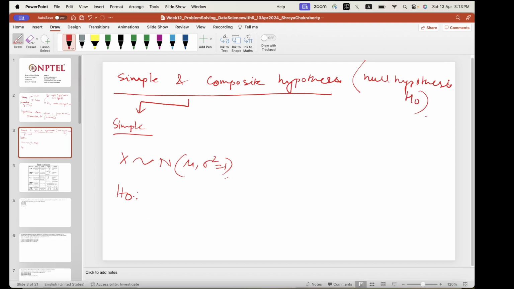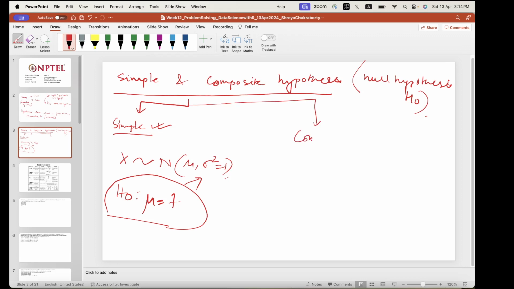Alright, so if we say that H naught: mu equal to 7, then under H naught this distribution is completely specified. It is normal with mean 7 and sigma square equal to 1. This is completely specified with no unknown as such under H naught, given that we are assuming H naught is true. So under H naught, if the distribution is completely specified, then we say this to be a simple hypothesis.